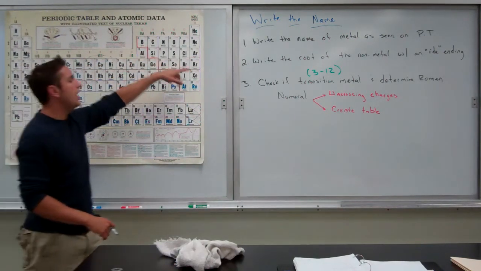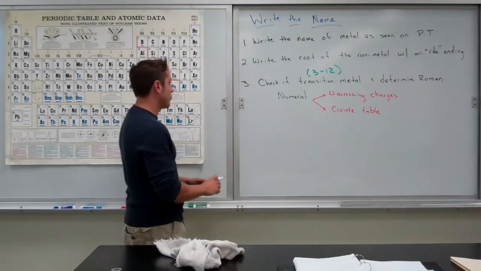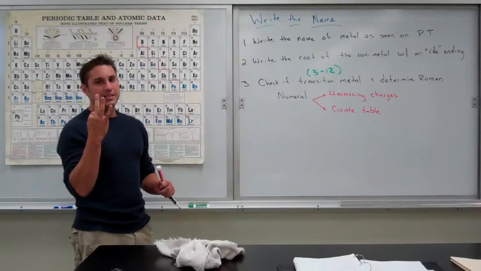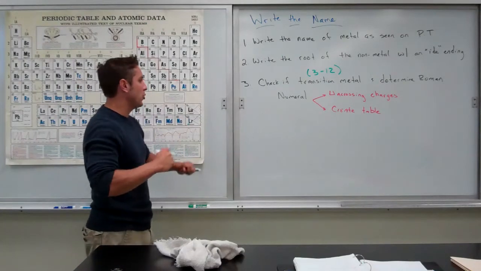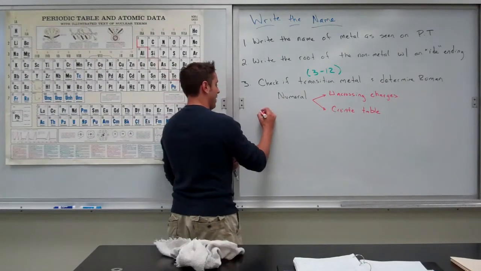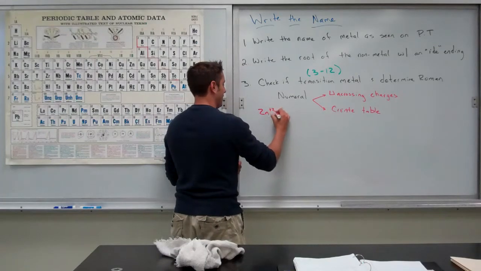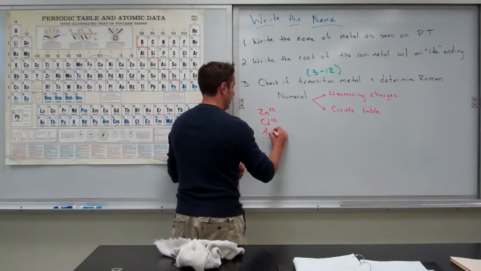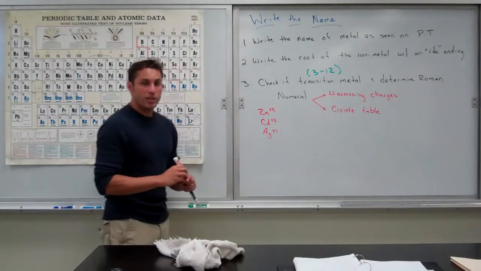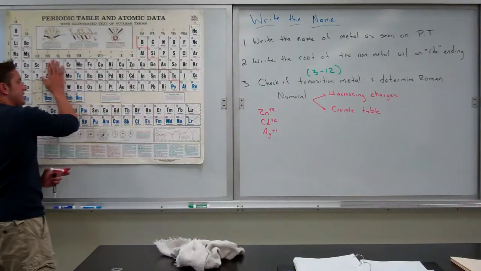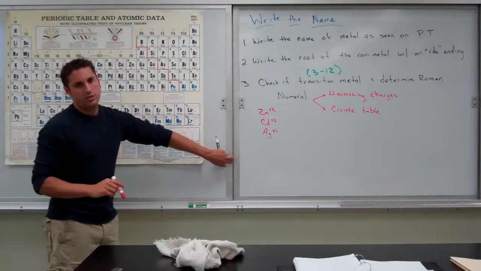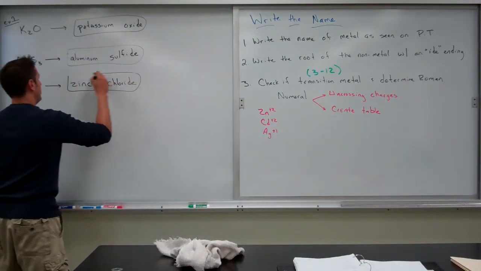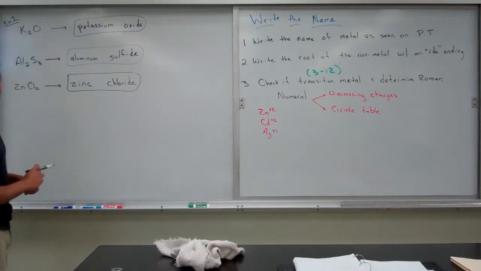It's in group 12, so it should get a Roman numeral, except there are 3 elements that do not get Roman numerals that we just talked about. And remember, zinc, cadmium, and silver, we think should get Roman numerals because they're in the section, but do not. So zinc chloride is good the way it's written.